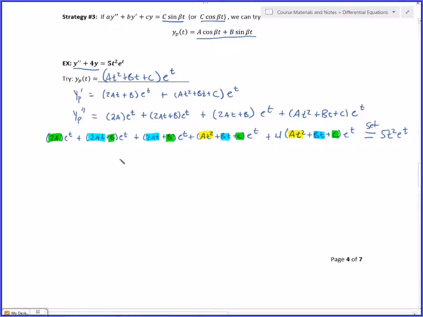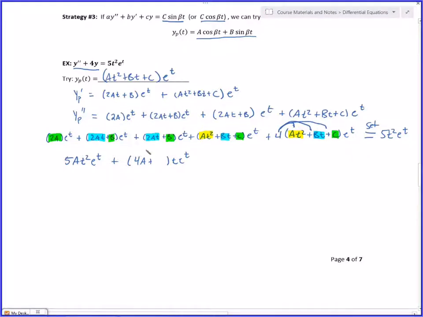Okay, so I've got an at squared and a 4at squared, which gives me 5at squared e to the t, plus, now the blues, I've got a 2a plus 2a, which is 4a. I've got a 4a plus 2b. And then factor out t e to the t. Oh, nope, 4b, not 2b. That should be a 5 here. Right, don't forget this distribution.